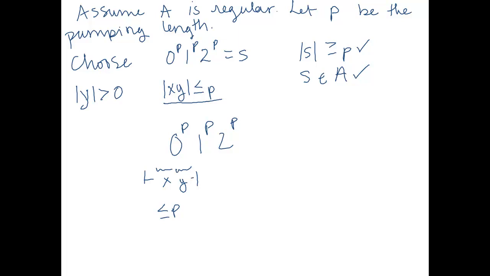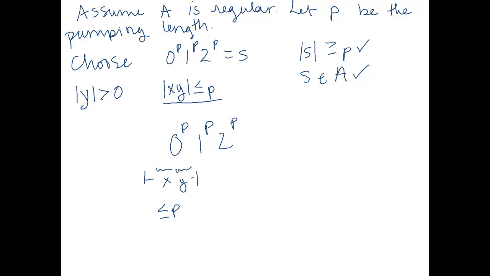Because if I did, if Y was in the ones, it would mean that X and Y covered all of the zeros and some of the ones. That's what that would mean. And if that was true, they have length P just from the zeros, and then they have additional length from however many ones Y is covering. Okay?